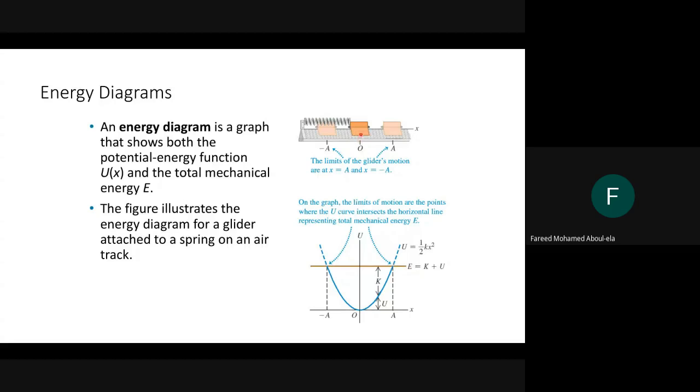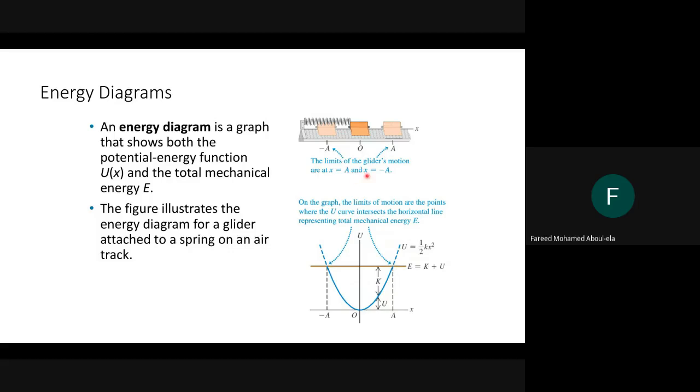So no motion is needed from this position. But if there is motion away from the equilibrium point, there will be potential energy. So anytime I displace the mass from the equilibrium position, if I stretch it or if I compress it, the spring will get potential energy.